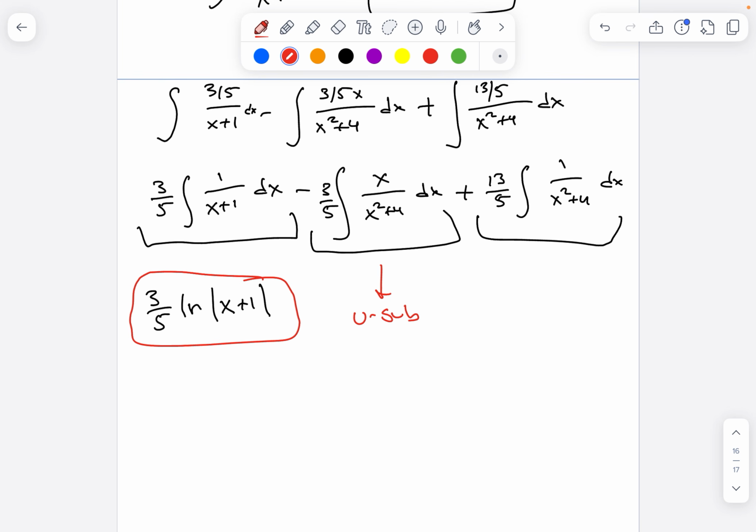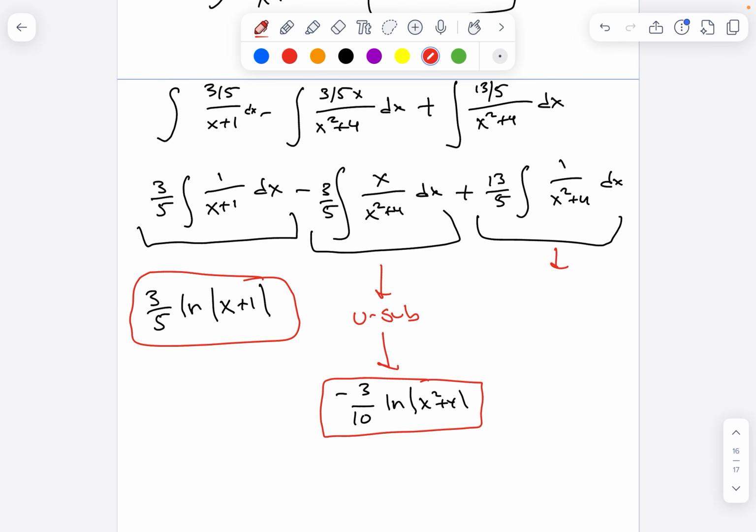I'm going to go ahead and give you the answer that this leads to, but please feel free to solve it and check your work. So this gets us to negative 3/10 times ln of x squared plus 4. So that's our second integral.